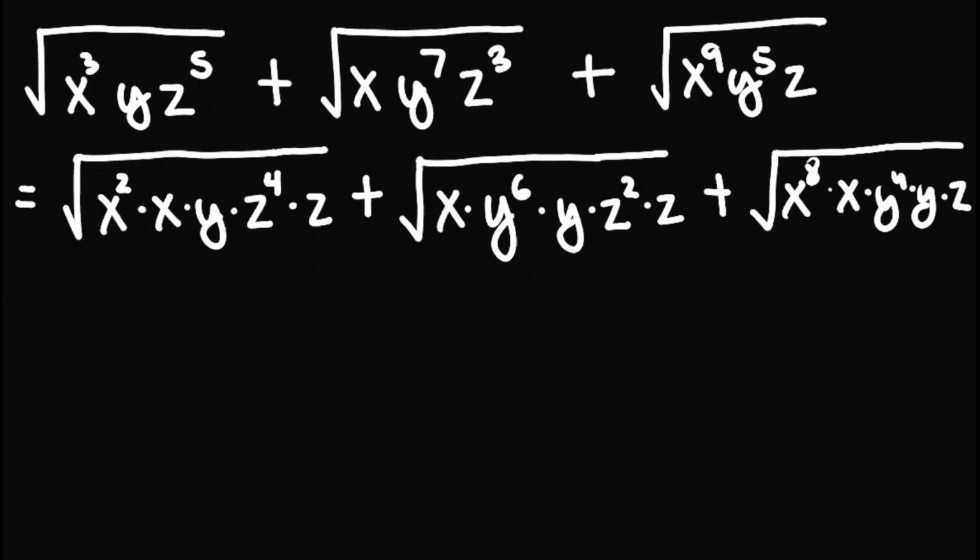Now from here, observe that this one out here can be written as z squared squared. So we'll write this one as z squared squared.